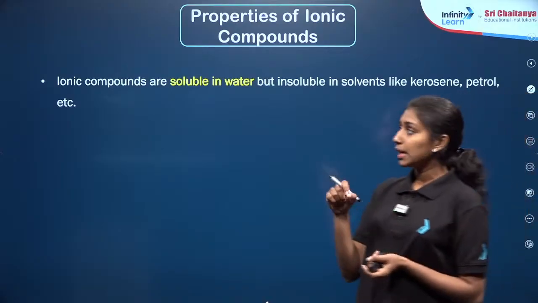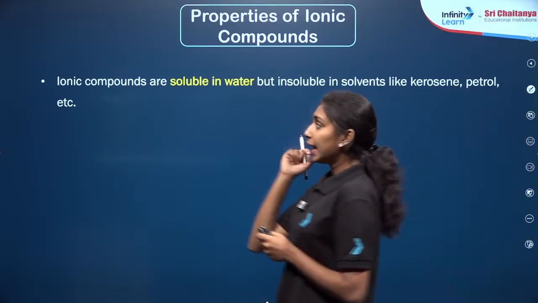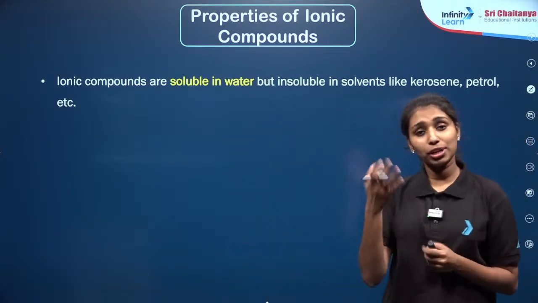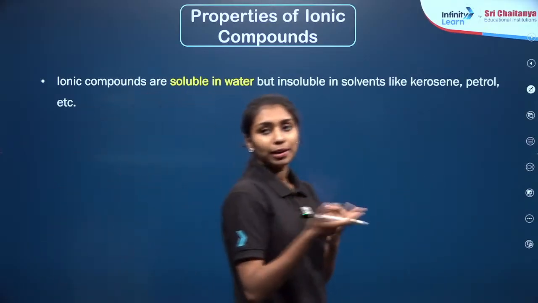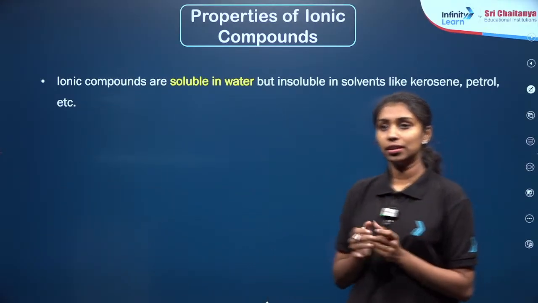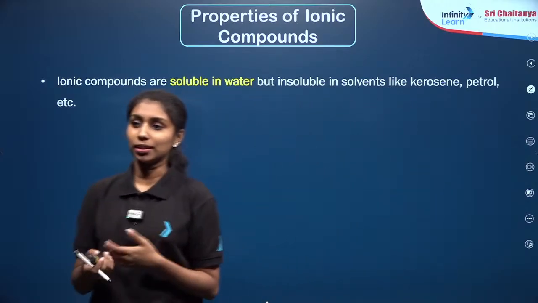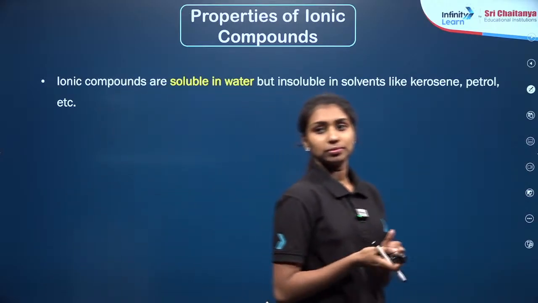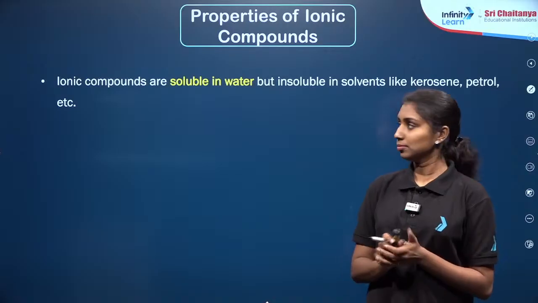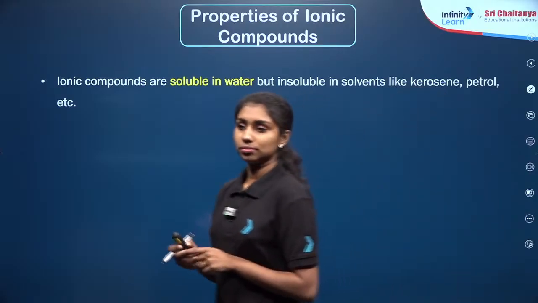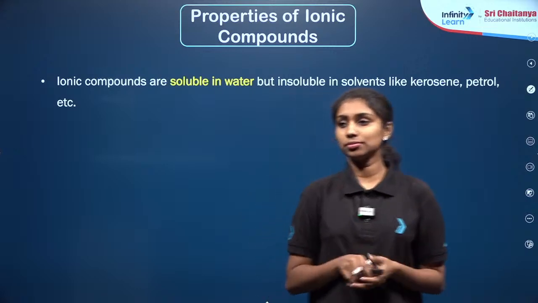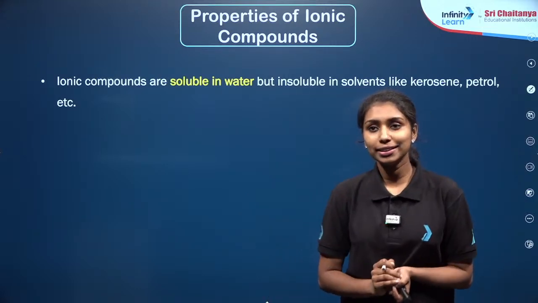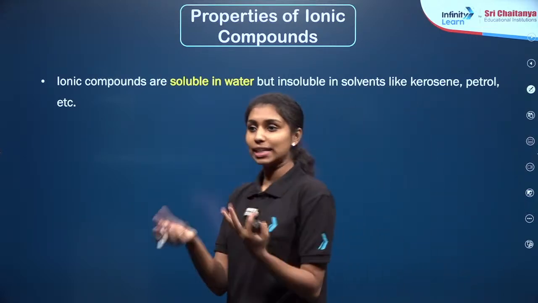Now another property is the solubility in water. If you take sodium chloride as table salt and add it to water, what will happen? Whether it is soluble or not? If you are making salt water, it will definitely dissolve.